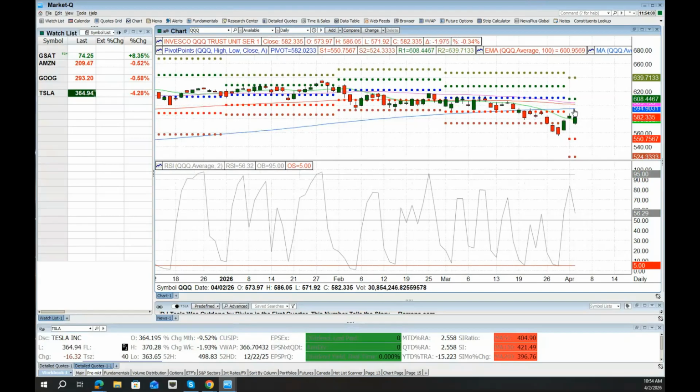So same picture as the SPY. It went up, came down, put in that swing low, put in that little swing high, and then a gap lower. Now we're testing it. Ideally, I'd like to see this break intra-session where we don't get this test back up, because the test back up, I'm not going to say it reduces the probabilities, but it kind of puts it into question for me.